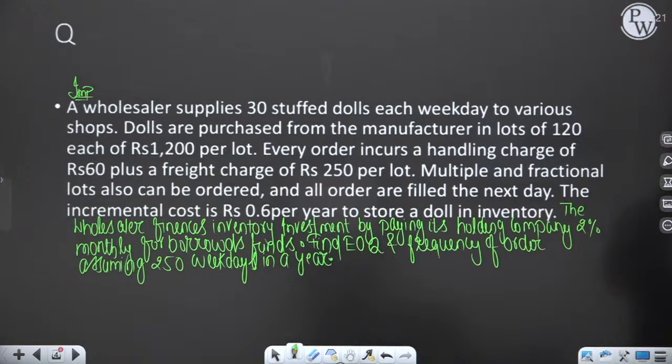If you are able to give one answer, the economic order quantity, then you will give all the answers. But the difficult part is how to find the economic order quantity, because there is some technical thing you have to catch to solve this question. Let's see who is going to catch this thing.